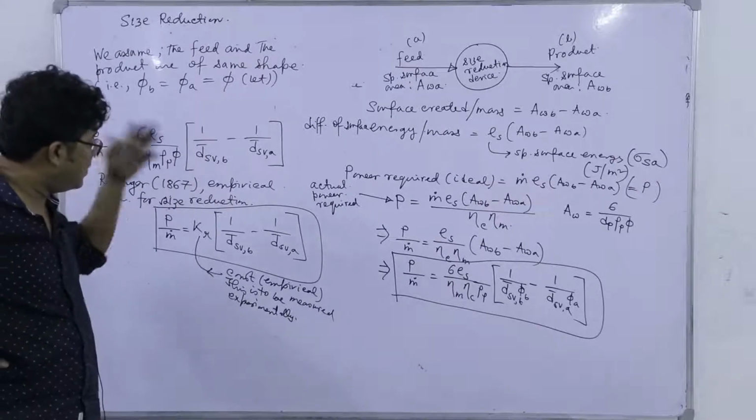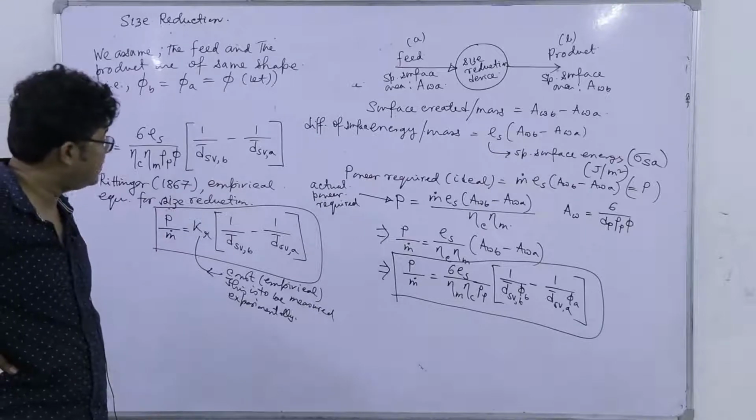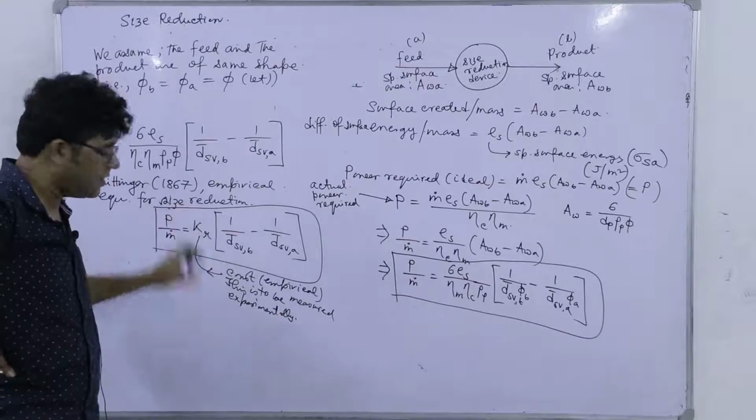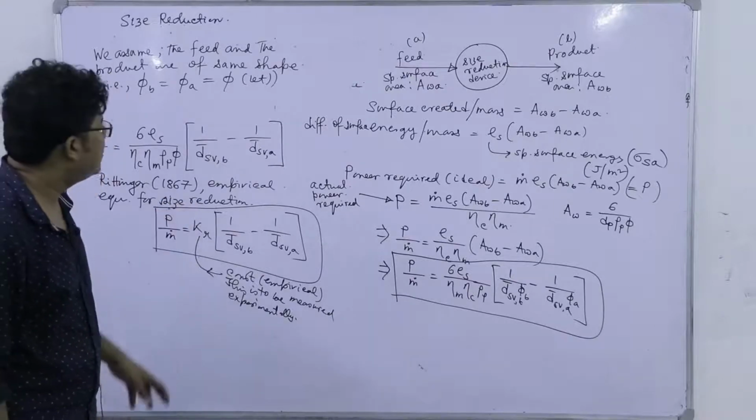And if you change the feed and product size, there are also reported variations of this Rittinger's constant.